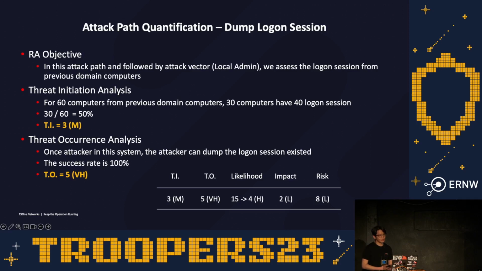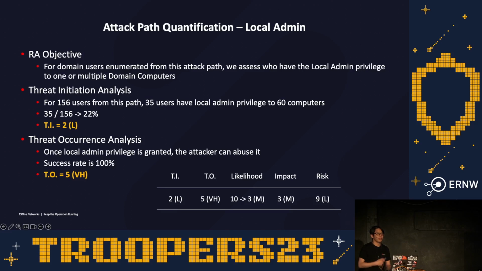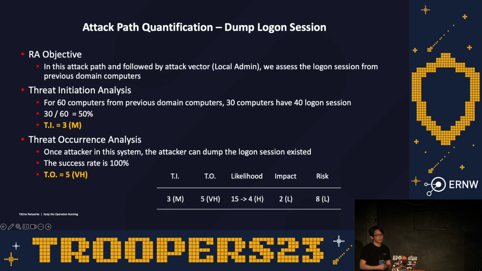For the next attack vector, we have the download sessions. Previously, we assessed the local admin attack vector and found that there are 60 computers. For these 60 computers, we try to assess how many computers have some logon sessions, and this will be our objective.